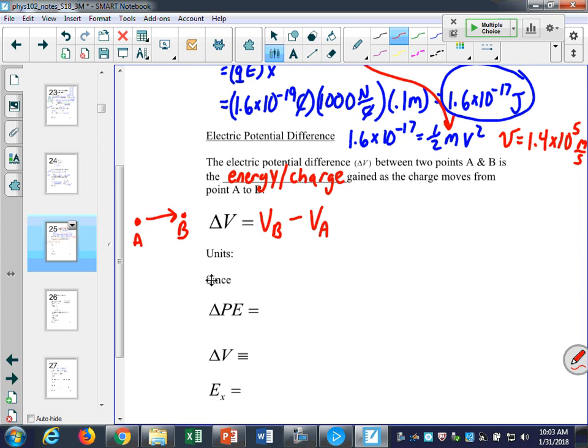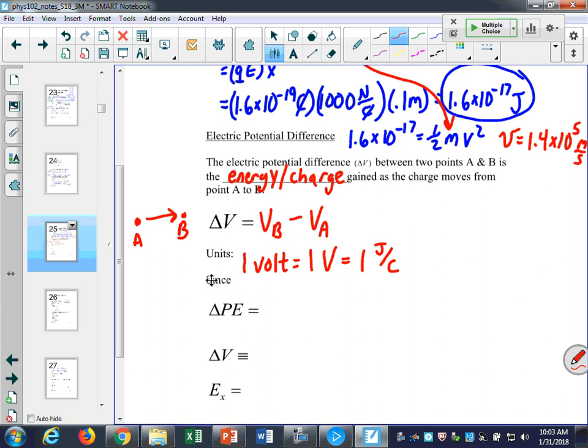The unit here is a volt. We abbreviate this with a capital V because it's named after Volta. And these are the same basic SI units as a joule per coulomb. What's a joule?